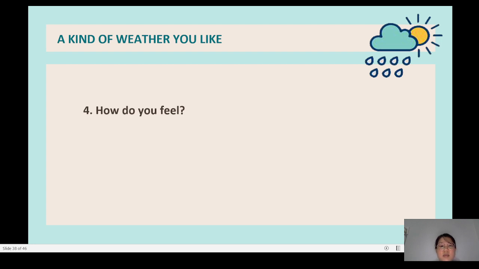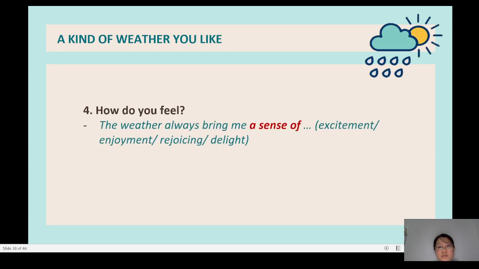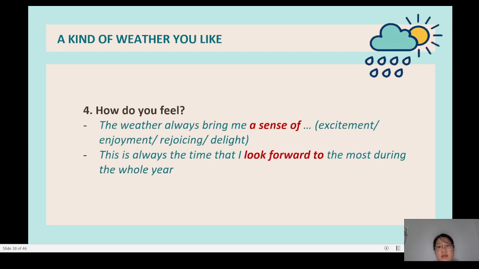And the last section is that you should talk about how you feel. You can use the available structure that I'm showing you.